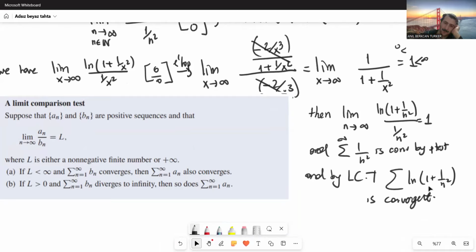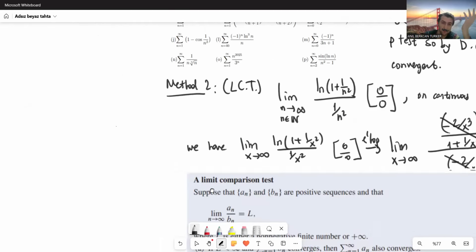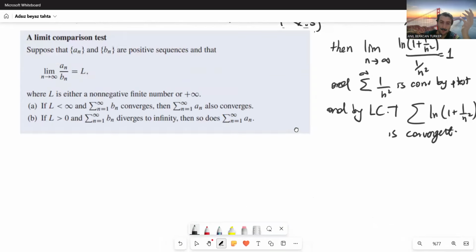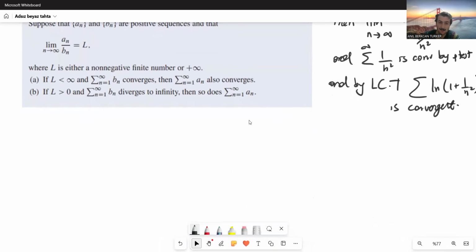By the way, since it is already positive, it is absolutely convergent. We talk about absolute and conditional convergence when there are some minus or plus signs, I mean, when the signs are changing. But here, since this is already a positive series, it's absolutely convergent or just convergent. So let me go to the next question.